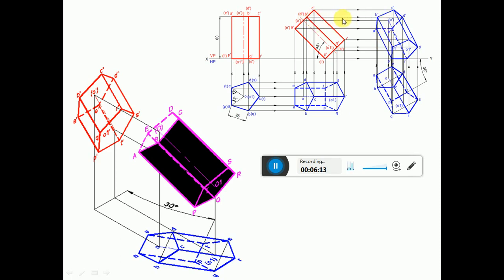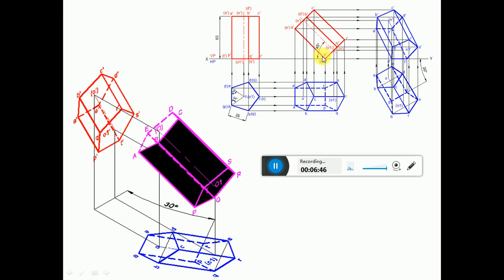Draw a horizontal projector from B dash D dash and draw a vertical projector from B and also from D to intersect at the point B dash and D dash. Draw a horizontal projector from C dash and draw a vertical projector from C to intersect at this point C dash, and name them A dash, B dash, C dash, D dash, E dash, and O dash.